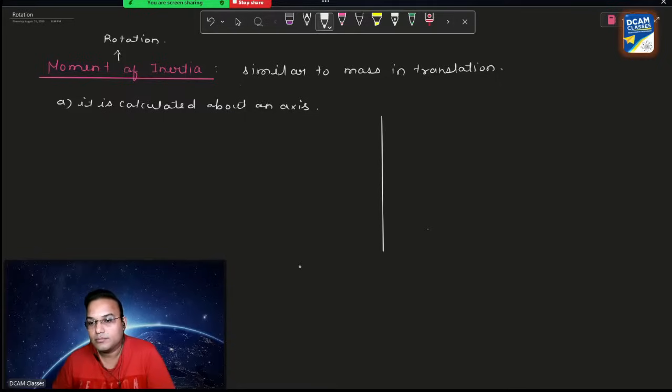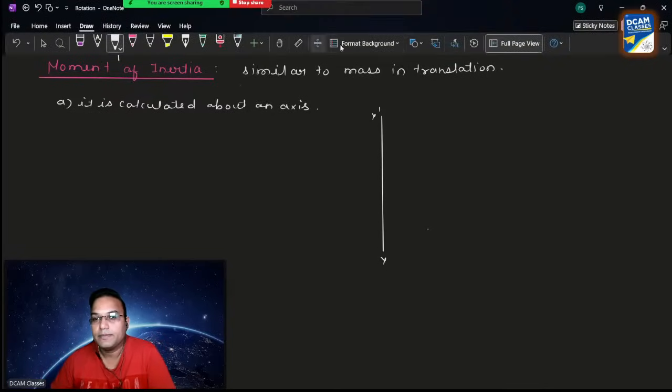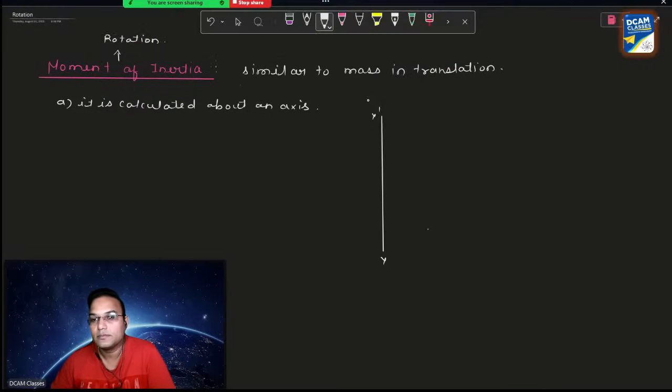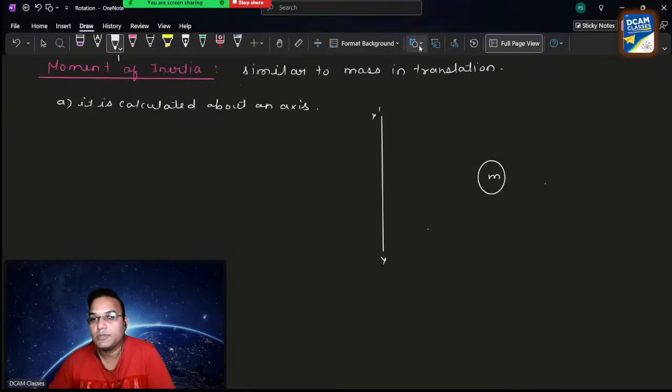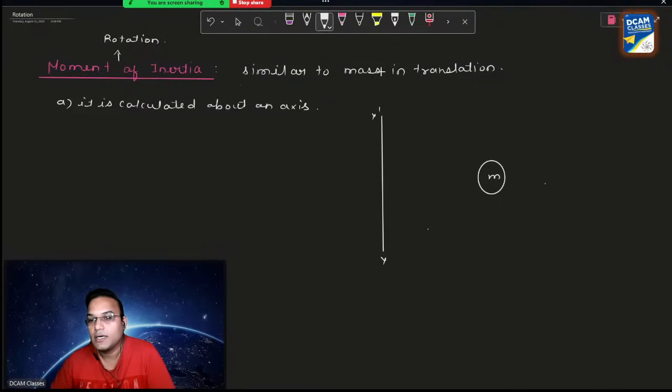So when an axis is there, y dash like this, and there is a body, suppose this is a body whose mass is m, and suppose it is situated at a distance of r unit from the axis. The moment of inertia I about y dash for this body is given by m into r square.